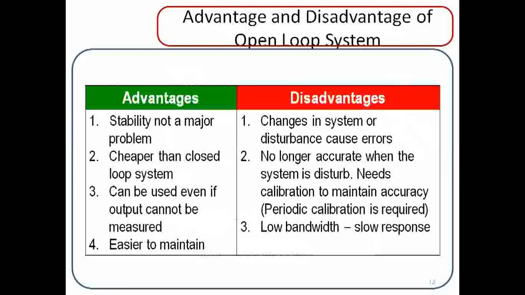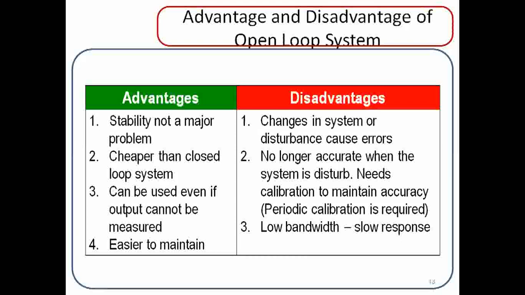Coming to the advantages and disadvantages of the open loop control system. In an open loop control system, stability is not a major problem, because we don't know whether the input conditions have been satisfied or not.